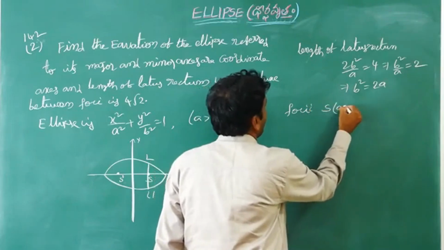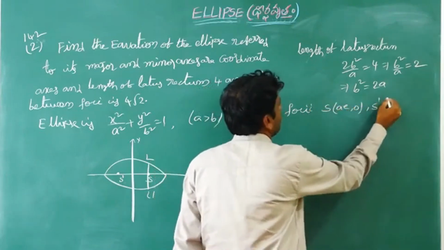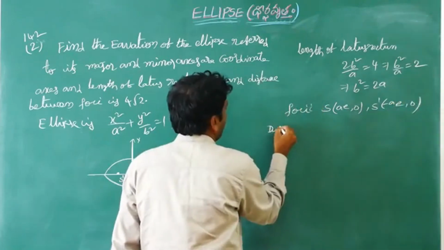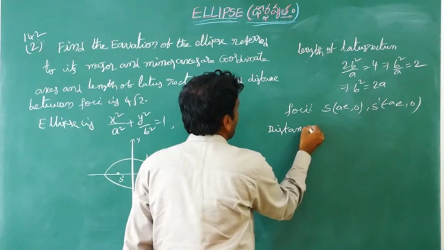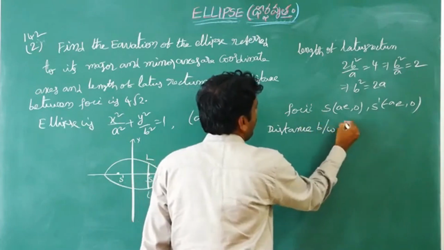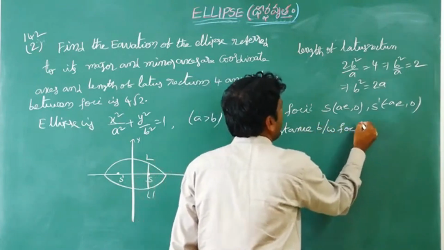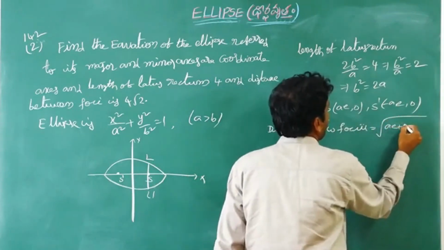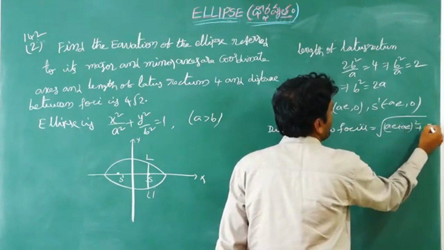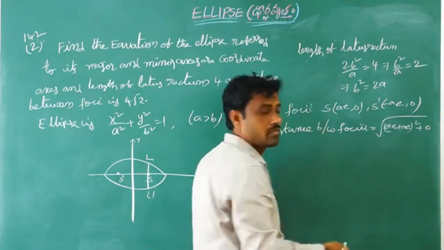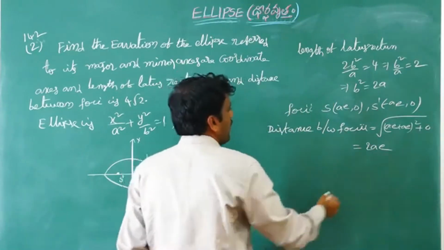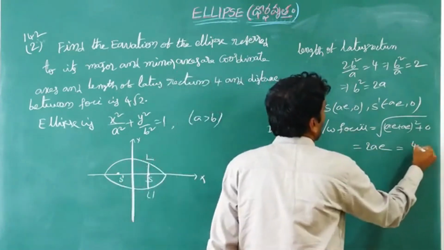Next, foci are S (ae, 0) and S dash (minus ae, 0). Distance between foci is the distance ae plus ae whole square plus 0 minus 0 whole square, that is 2ae, equal to what is given, 4 root 2.